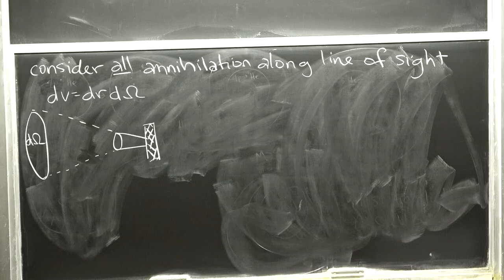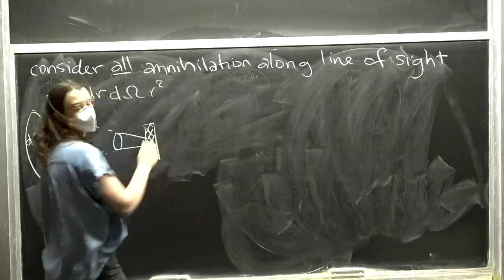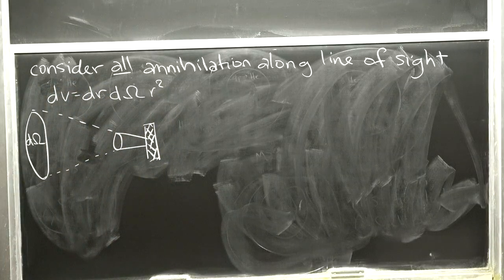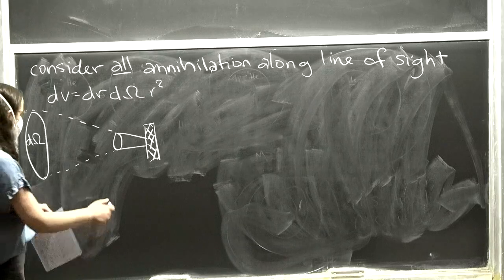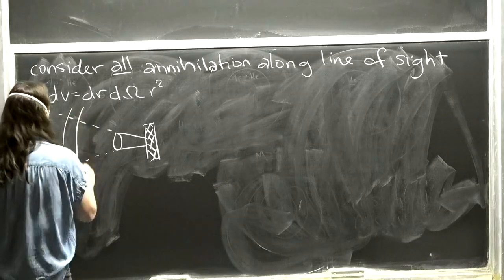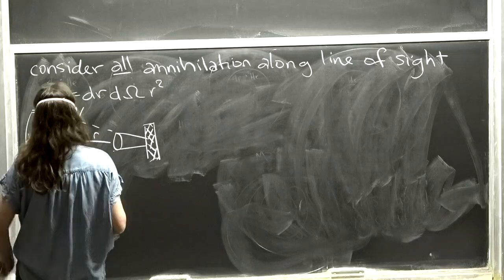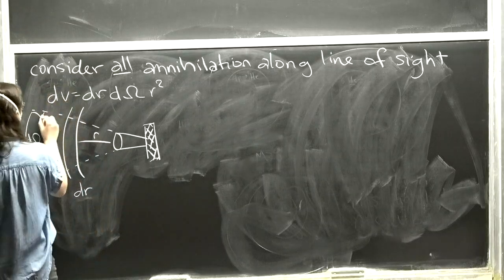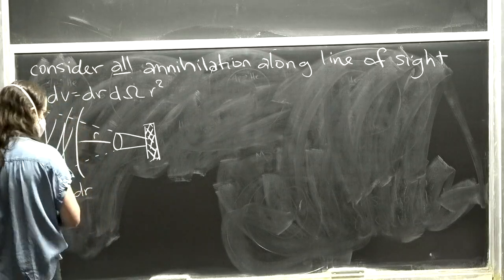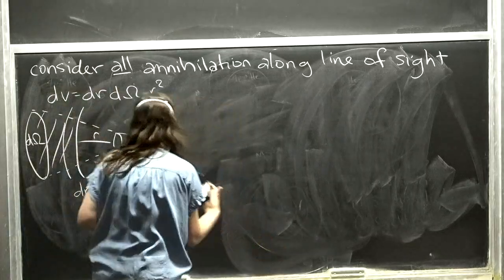Yes? Dimensionally, it makes sense, but we need to add... Oh, yeah, there's r squared. Thank you. Good. Bad lecturer. Dimensional inconsistency, not good. All right. So we're just considering some little sliver. This is r, this is dr. And we want to add up all... oh no, now I've made the drawing kind of bad.